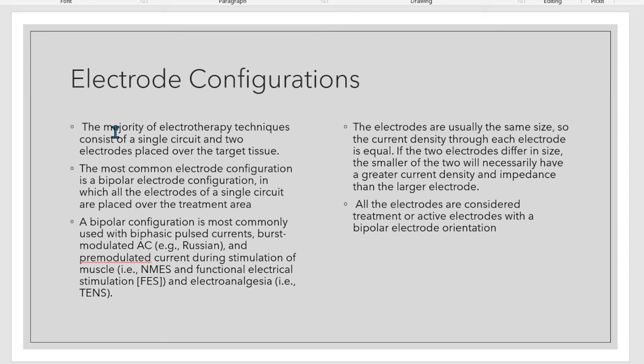The electrodes are usually the same size, so the current density through each electrode is equal. If the two electrodes differ in size, the smaller of the two will necessarily have a greater current density and impedance than the larger electrode. So all the electrodes are considered treatment or active electrodes with bipolar electrode orientation.